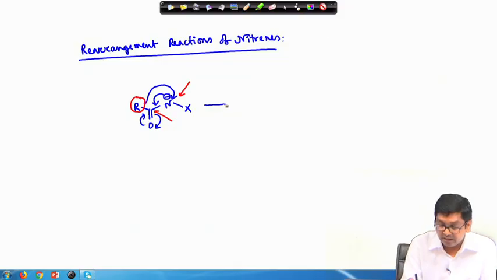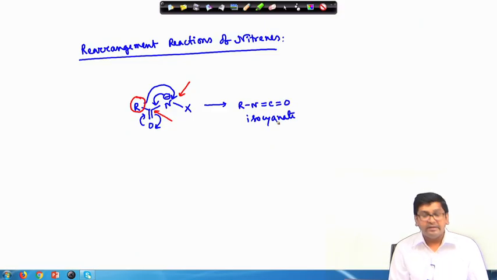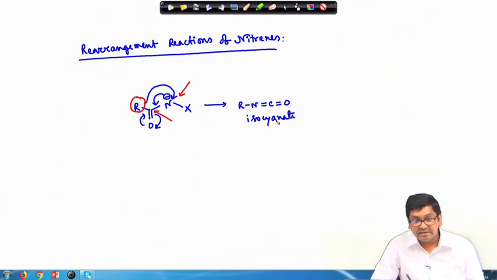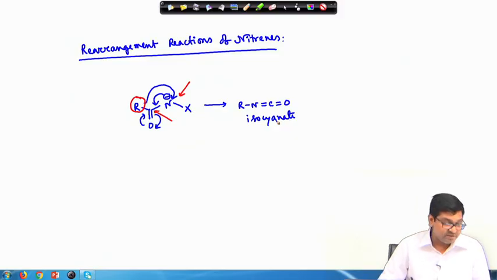It will give this isocyanate species. Various types of rearrangements are possible for this, basically rearrangements with electron deficient nitrogen species. We will not say that these reactions go directly through nitrenes, but in general they go through electron deficient nitrogen species. We will see how these reactions work.